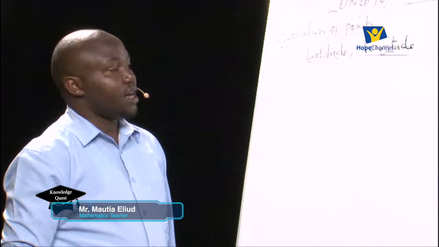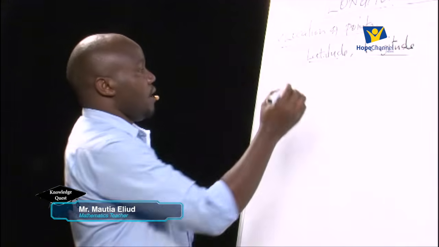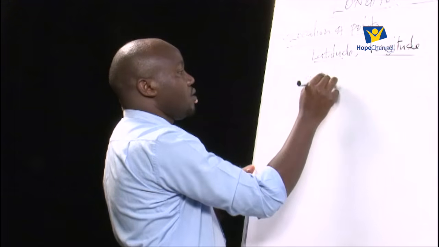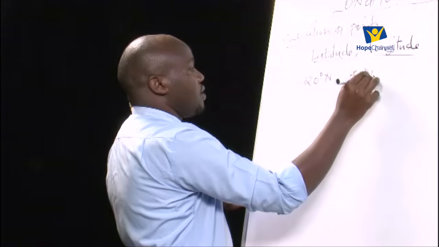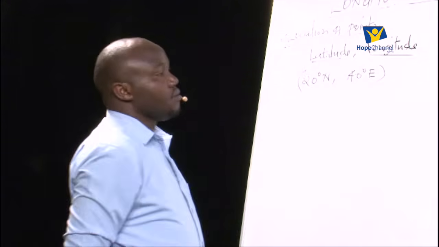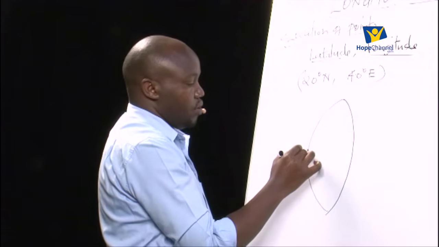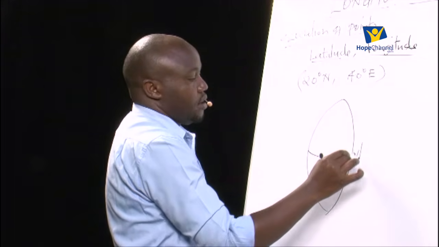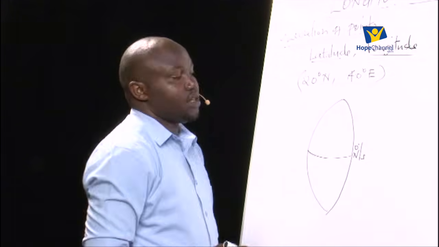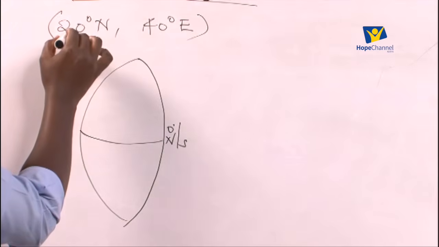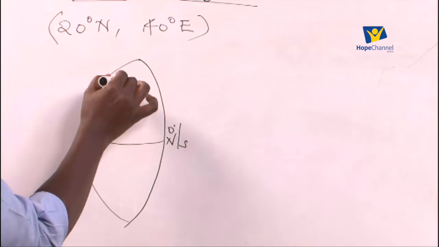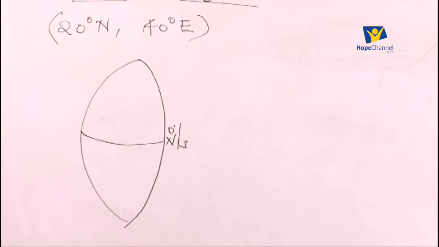And how do you do that on the globe? We have 20 degrees north and 40 degrees east. Locate that, draw a globe. Ensure you mark the point which is 0 degrees north or south, which is the equator. Is 20 degrees north above the equator or below the equator? Above the equator, correct.